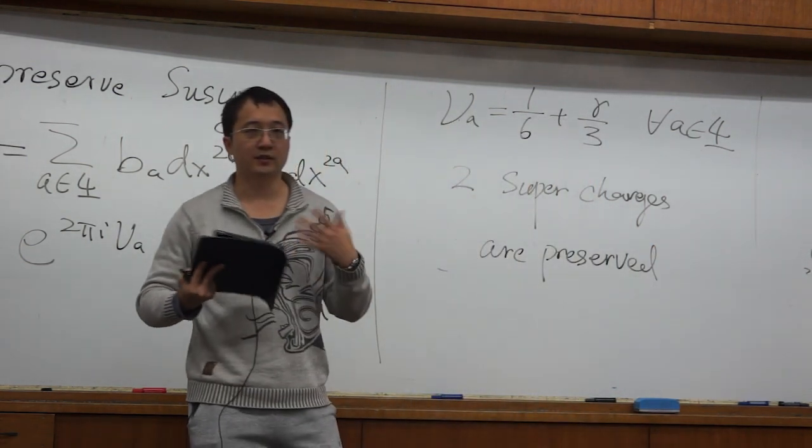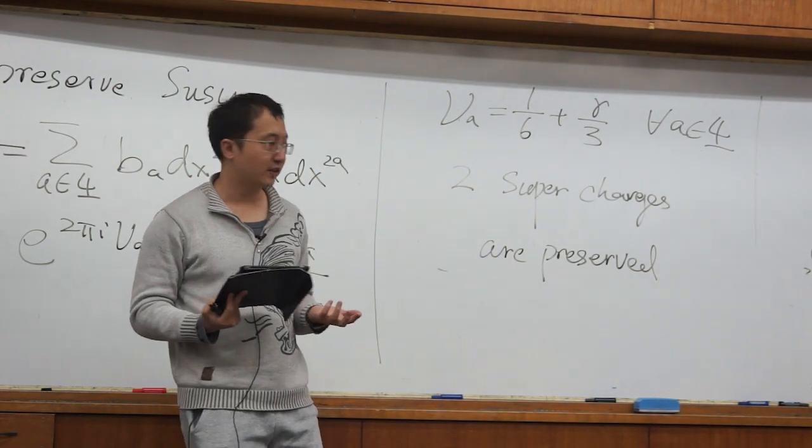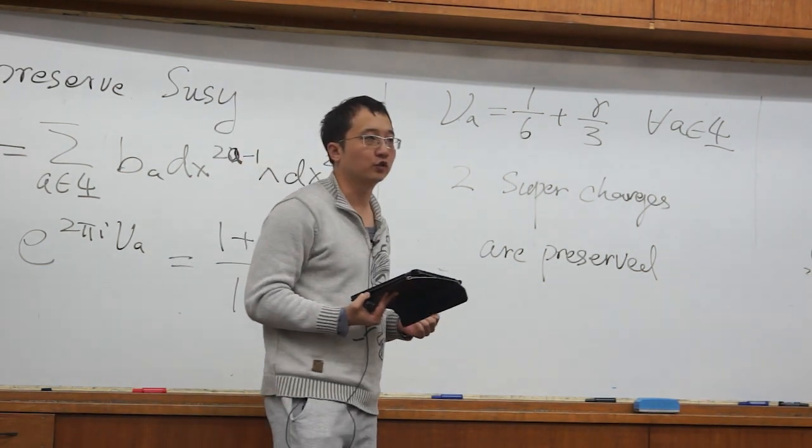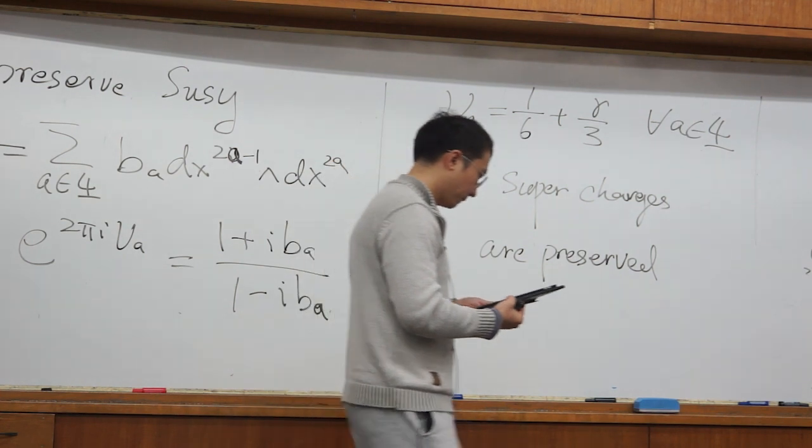So that means the remaining low energy effective model will have at least two supersymmetries.